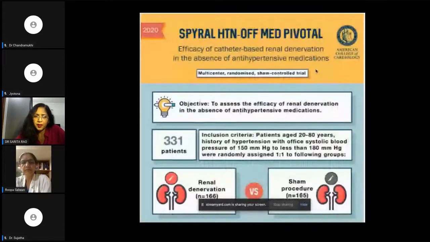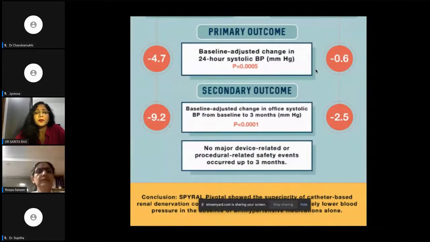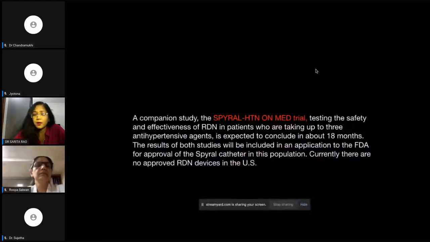So this was the SPYRAL HTN-OFF MED trial, after which there has been so much renewed interest in this therapy. They assessed the benefit of renal denervation in the absence of antihypertensive medications. They had a sham control trial, and there were no major device-related or procedural-related safety events which occurred up to 3 months. And they looked at the baseline office systolic blood pressure and the change in the 24-hour blood pressure.